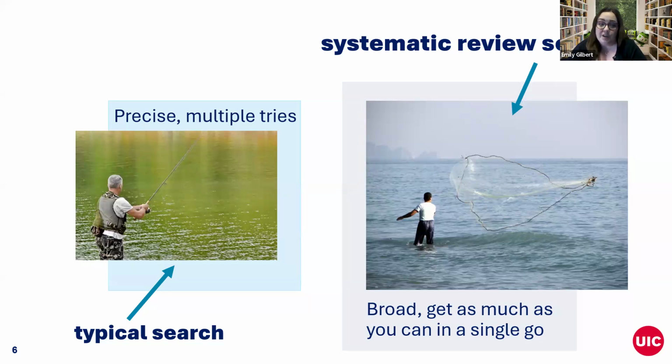A typical search is akin to the fly fishing picture, where you are going after something precise, and you can try multiple times to find what it is you're looking for. A systematic review search, on the other hand, is broad in nature, and the intention is to get as much as you can in one single go. That is to ensure transparency and reproducibility.